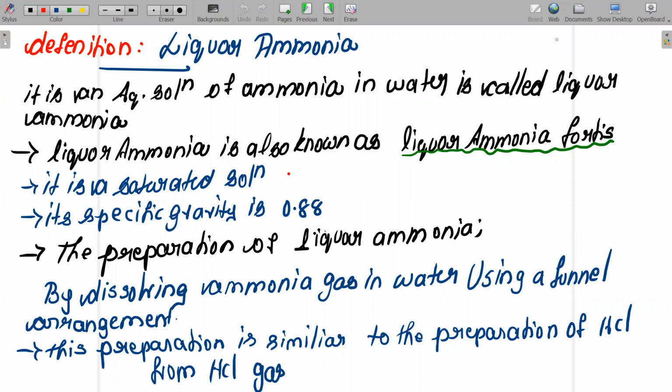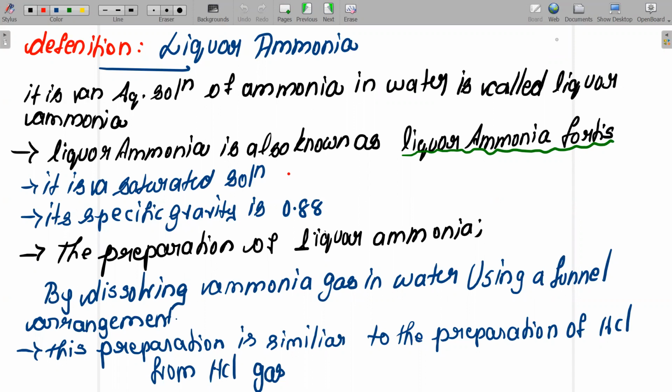Another name for liquor ammonia is liquor ammonia fortis. What are the characteristics of liquor ammonia fortis? It is a saturated solution. Second one, its specific gravity is 0.88.